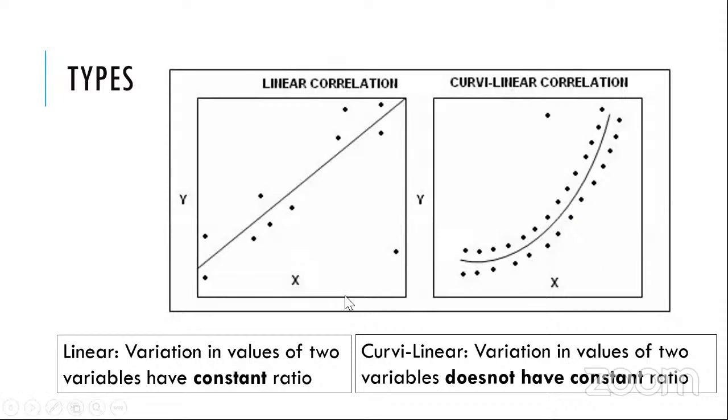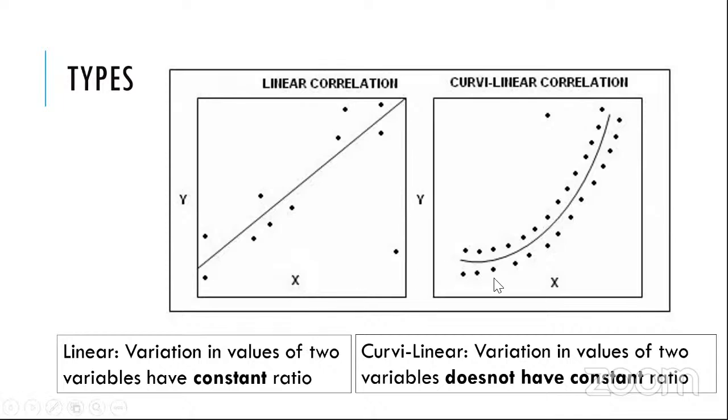Then there is a third type of correlation. Suppose a change in one variable results in an equal change in another variable. There is a constant change between the two variables; the ratio of the change between the two variables is constant. Such a relationship is known as linear correlation.